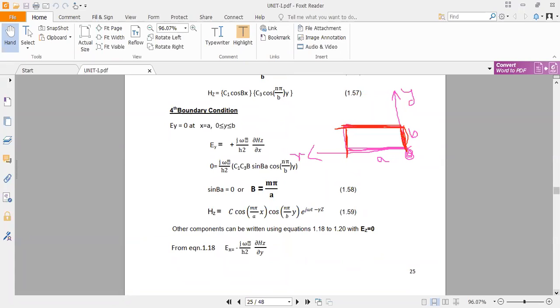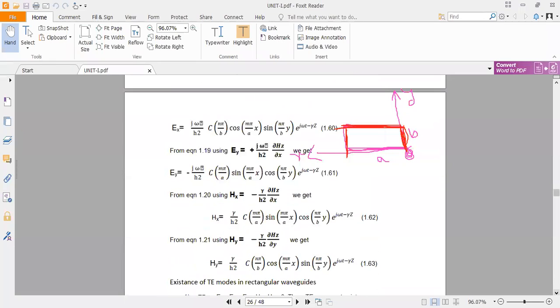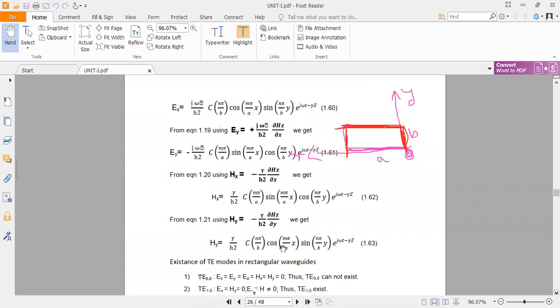Once we got Hz, just as when we got Ez, what did we do? We calculated the Ex expression, the Ey expression, the Hx expression, and the Hy expression. Simply substitution and differentiation.